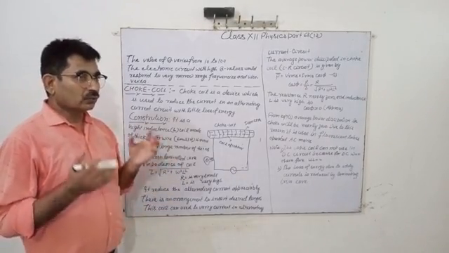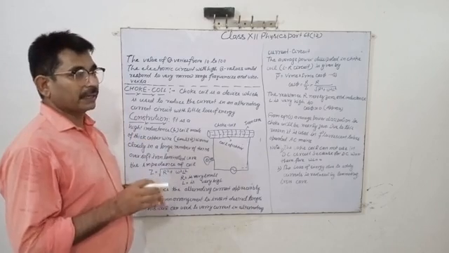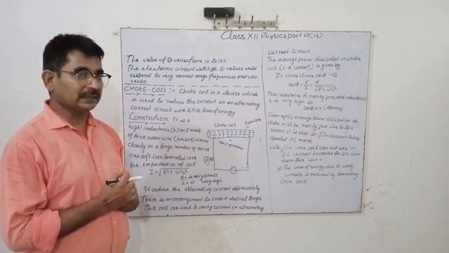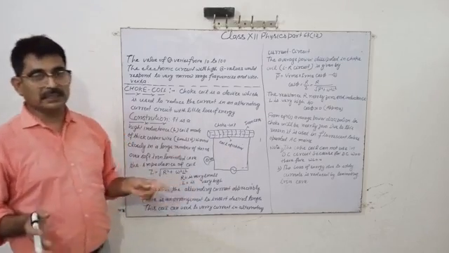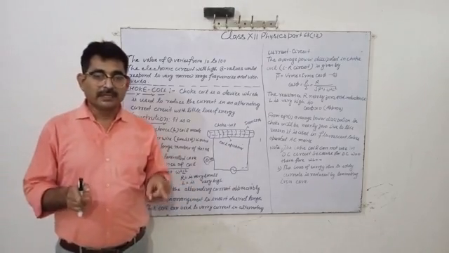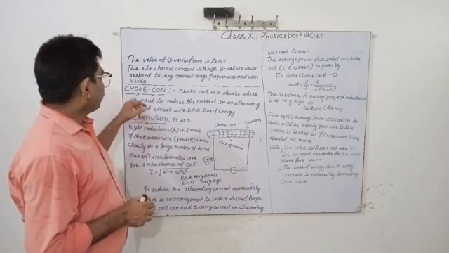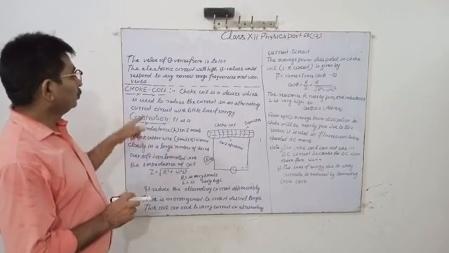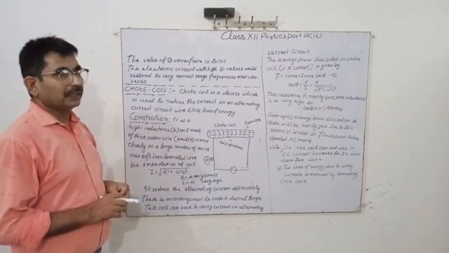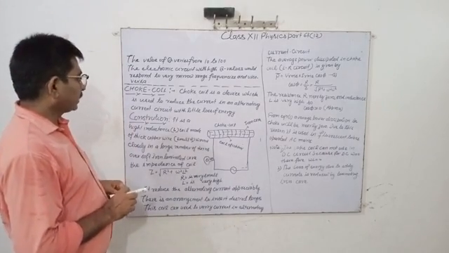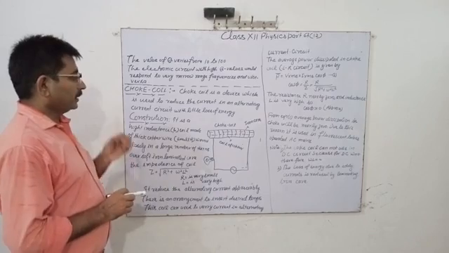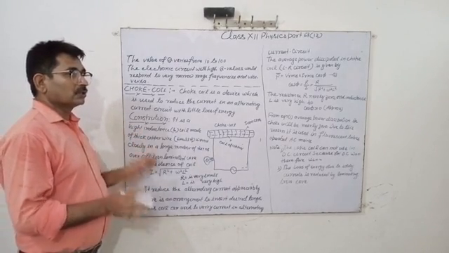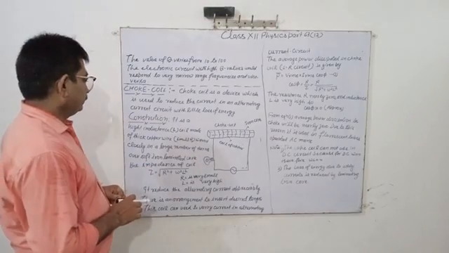The choke coil controls the current in an AC circuit without loss of energy, or you can say with little loss of energy. Therefore, a choke coil is a device used to reduce the current in an alternating current circuit with little loss of energy.